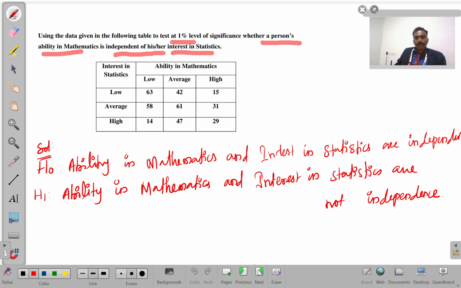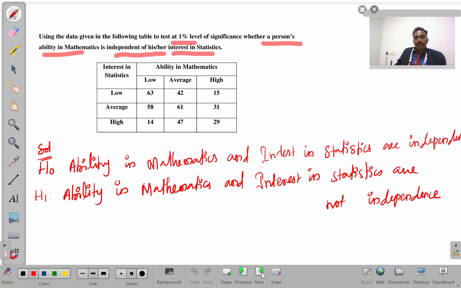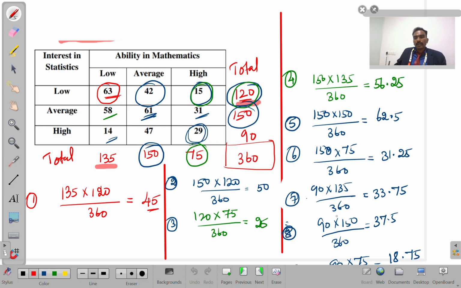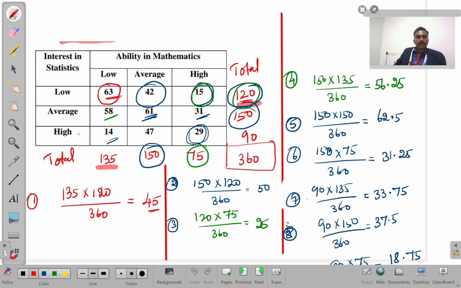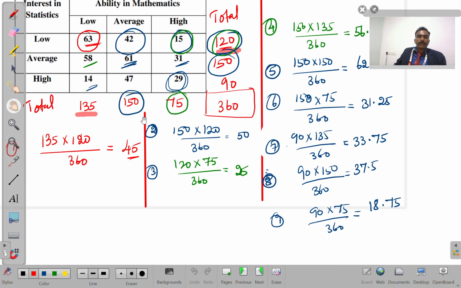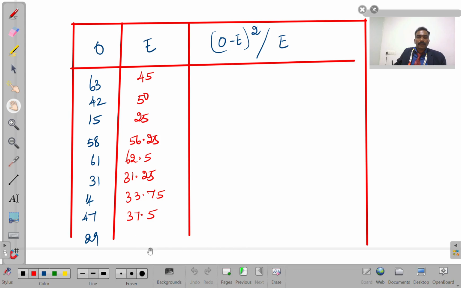Then 37.5. Next one is 18.75. This will be the last expected value.